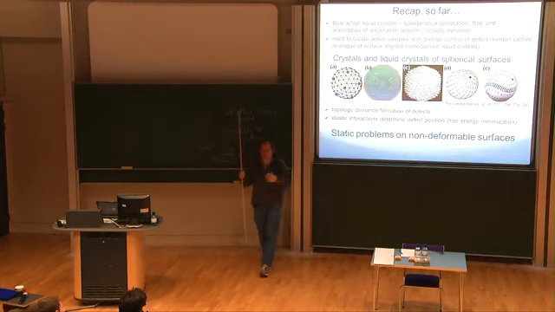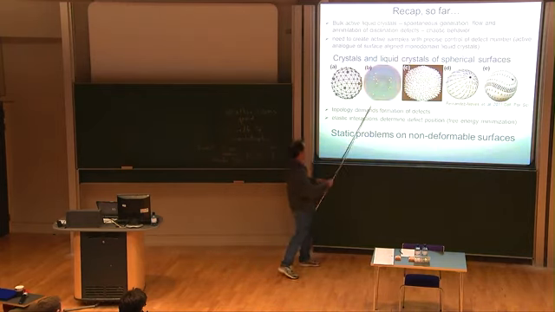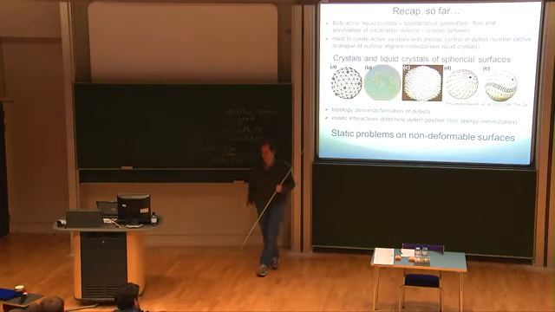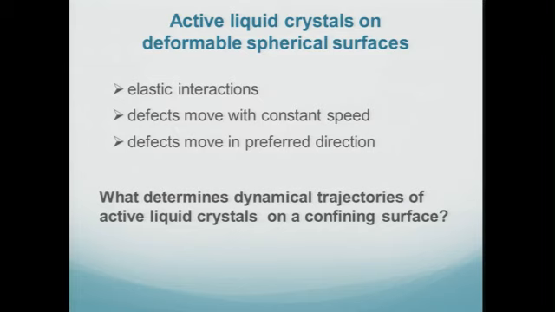Okay, and so you have a recipe of how to solve an equilibrium structure like this. The topology demands a certain number of defects, and then you minimize the free energy, and that determines the exact location of the defects. Now, if you have an active defect on a spherical surface, for example, you have elastic interactions, but in addition, these defects move with a constant speed.